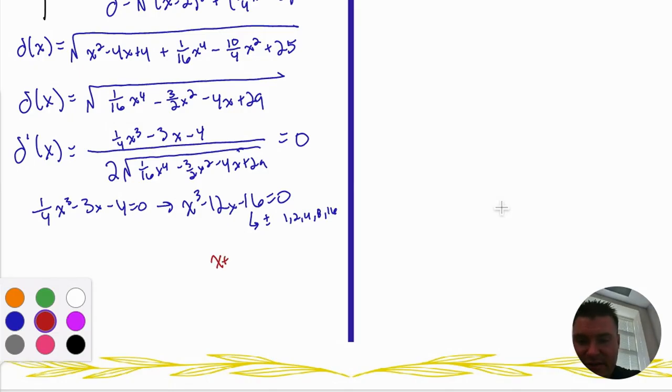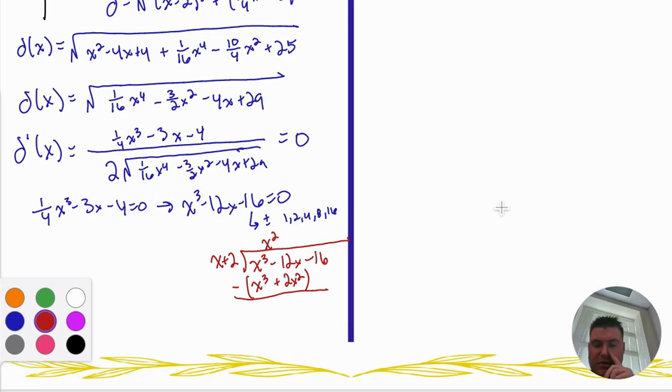Since this has a factor of x plus 2, let's do some good old long division here. Hopefully you remember how to do that from your AP pre-calculus. I'll go through it pretty quickly. X squared multiplied through x plus 2 gives me x cubed plus 2x squared. We're going to subtract that. There is no 2x squared term, so that's actually going to drop down to -2x squared.